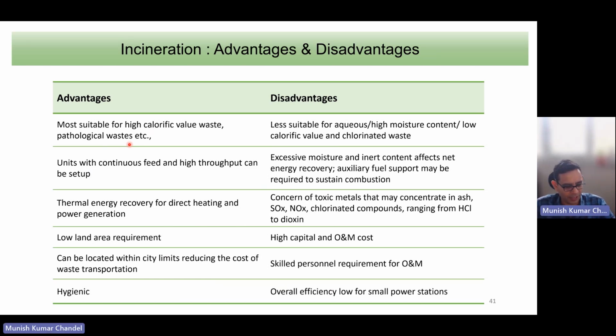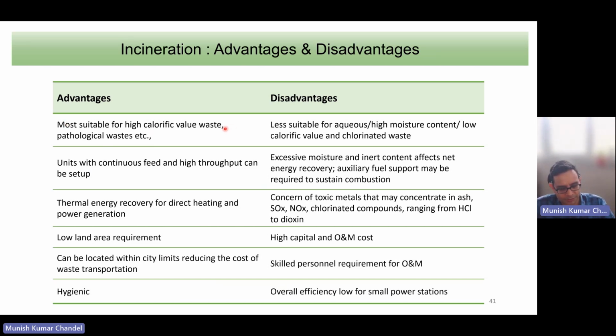As you know, this is a combustion process, and any combustion process is more feasible and practically possible when the calorific value of the waste is high, because ultimately you are burning it, using it as a fuel. And if there are pathogens, they will be burned out because incineration occurs at more than 900 degrees centigrade, so it's a good method in that sense.